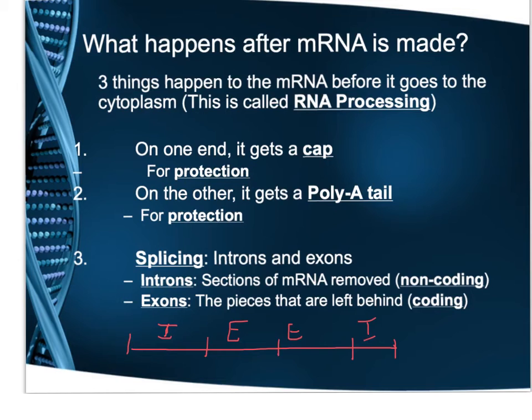So what's going to happen at the very end, in this splicing procedure, is you're going to have this I, or this intron part of the RNA, be cut out. And this I over here is also going to be cut out. The only thing you're going to be left with, your mature mRNA, is this piece right here. And so you're just ending up with the exons that are going to code for a protein and go to the ribosome.